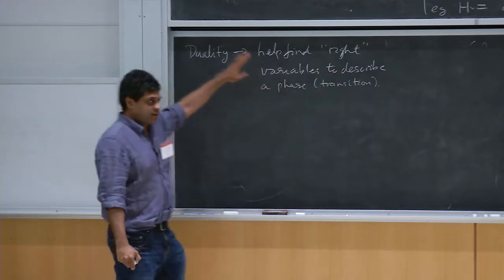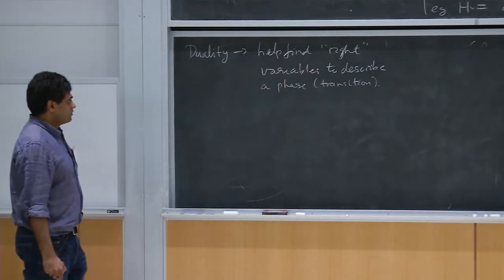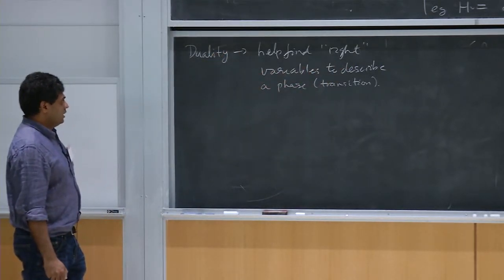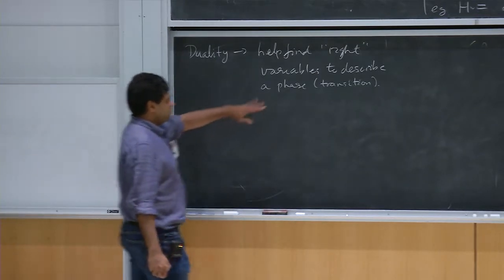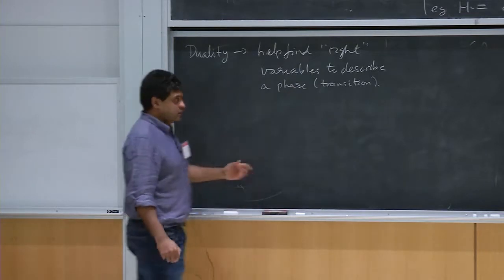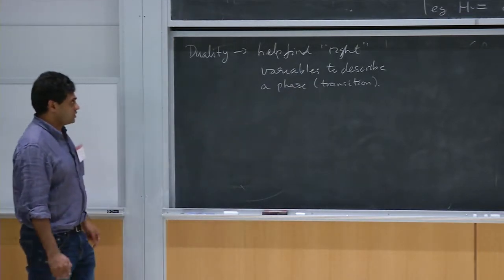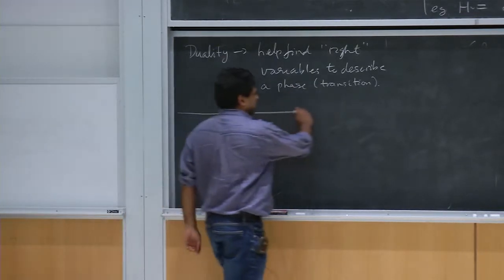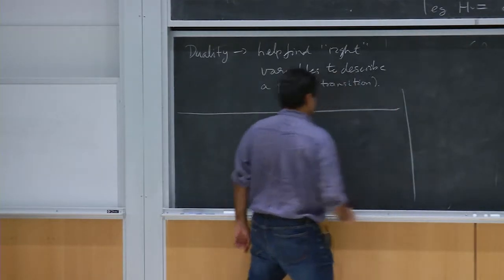We'll see an example of that where it really works out very well in one dimension. Sometimes this notion of right variable may actually depend on what question you're asking. For certain questions it may be well posed in certain set of variables and not so in a different set of variables.